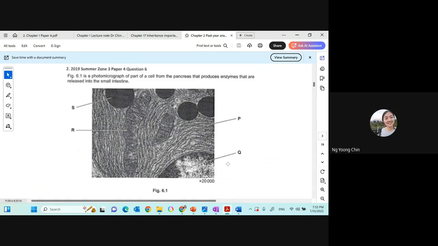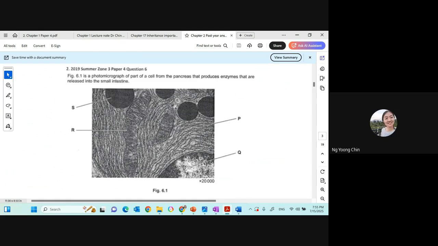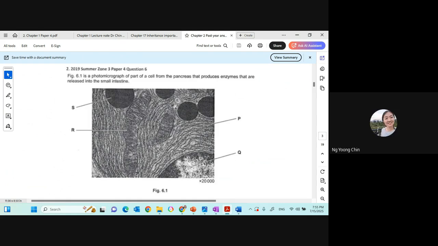So you see you have P, Q, R, S. Tell me where's the nucleus? Q. Why? Because there's a lot of DNA in it. Also, you can see the nucleus's outer membrane is continuous with the endoplasmic reticulum.